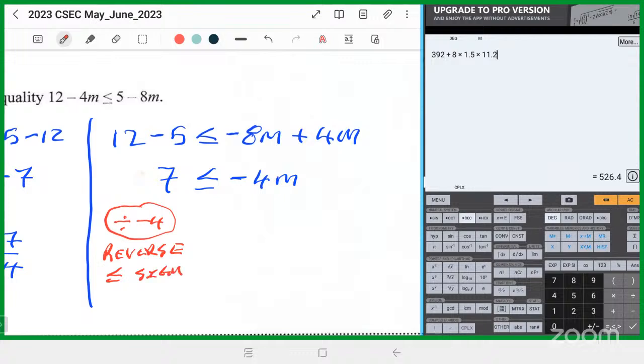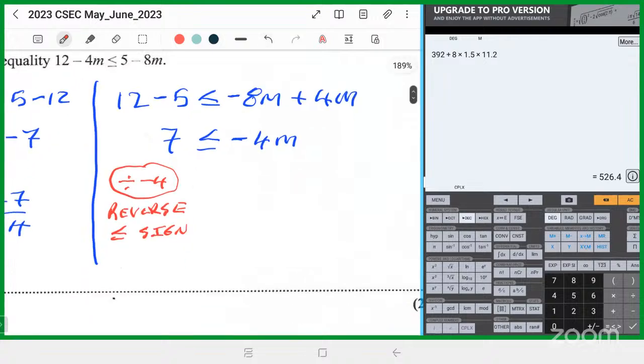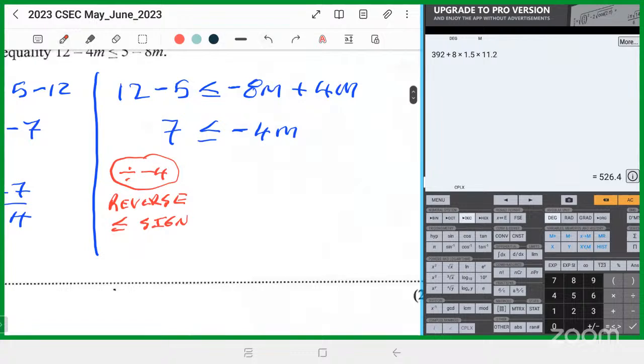So we divide this time by the negative 4, it becomes 7 over negative 4, same as negative 7 over 4.